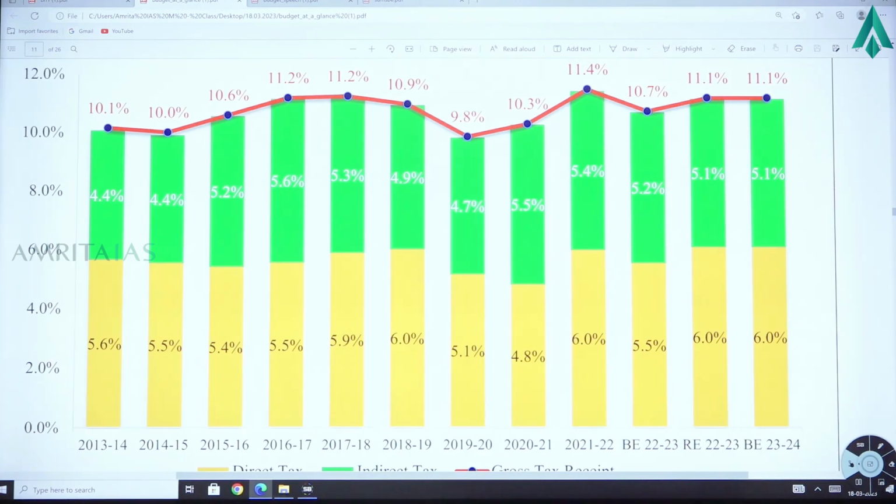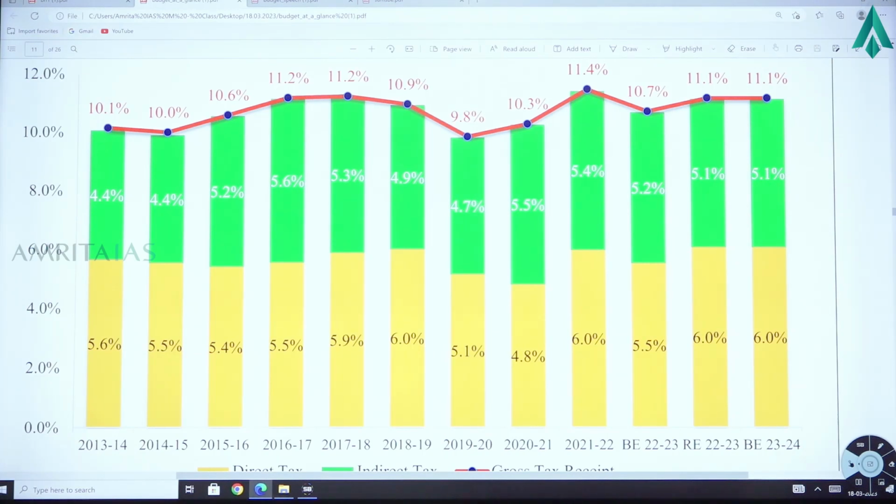So this is when you compare it to your total. See, what is the tax to GDP rate? 11 point something. In developing countries it is 17, 16, 19, but in India it is 11. That means when you compare it to your GDP, your taxation is not enough.